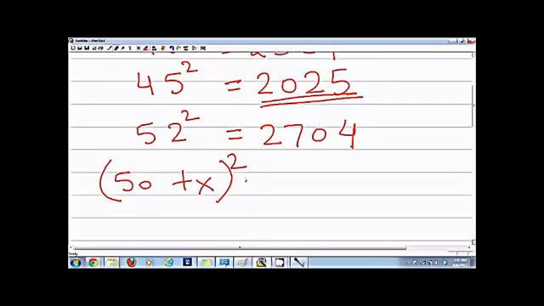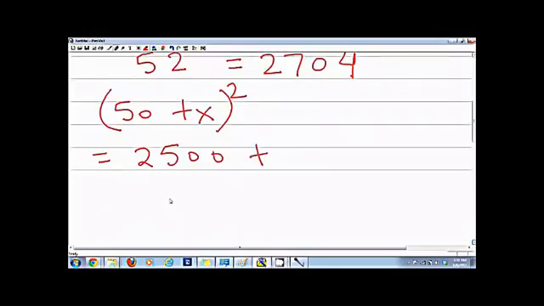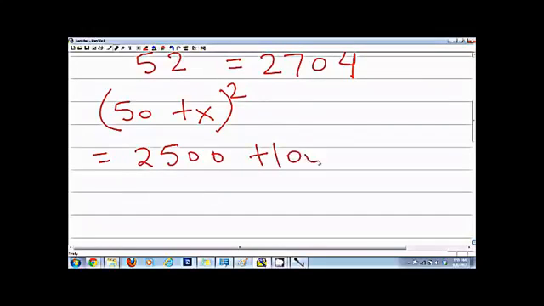So (50 + x) square will be equal to 2500 plus 100x plus x square.